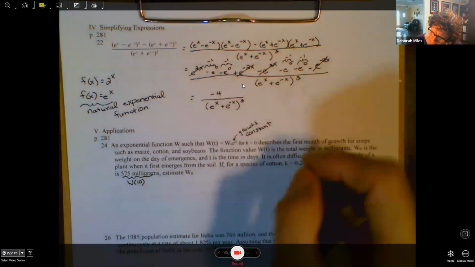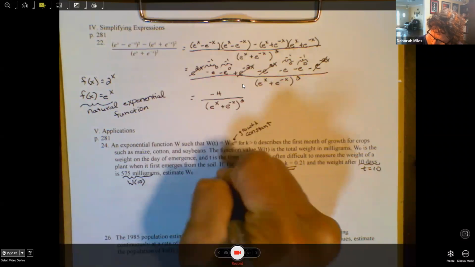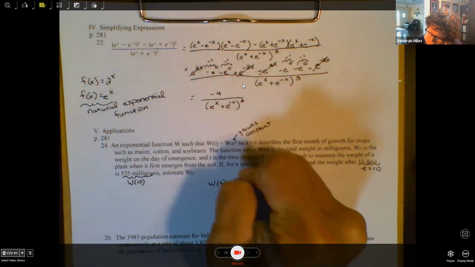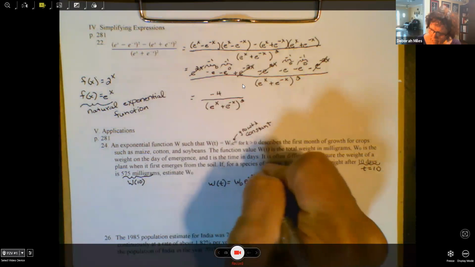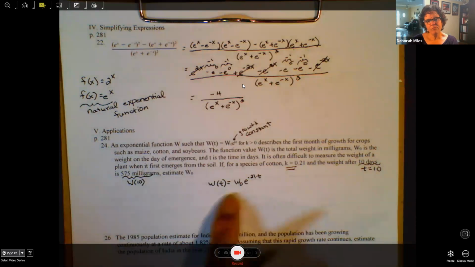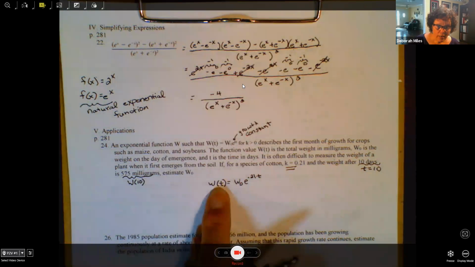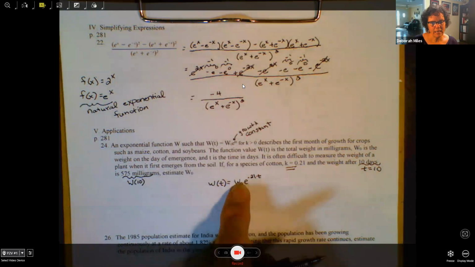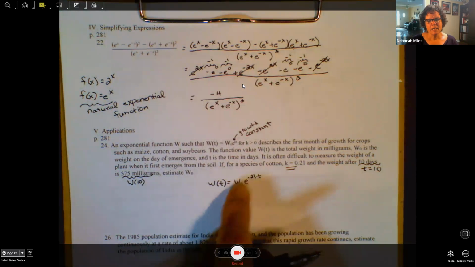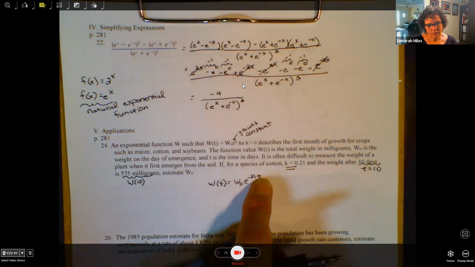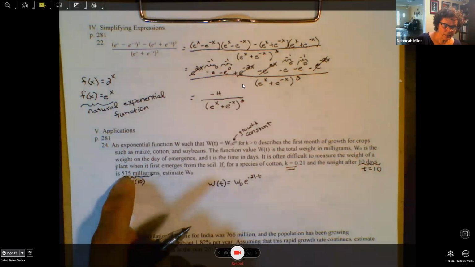So if we put this growth constant into that formula, W of t equals the original weight times e to the 0.21 t, then we have an equation that we can use to solve for any weight if we knew the original weight and the time, or in this case, we can solve for the original weight when the time is 10 days, if we let W of 10 be 575 milligrams.